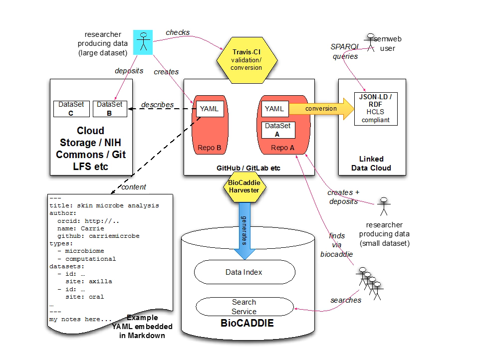But I think the main goal here is to make this searchable within bioCADDIE, which I have a very simplistic representation of in the lower part of this diagram. And the idea is bioCADDIE could essentially scrape GitHub looking for any data sets with these descriptors and use that to enhance its own indexes.